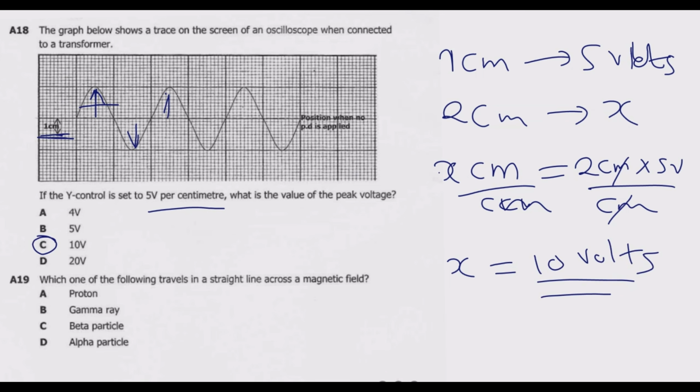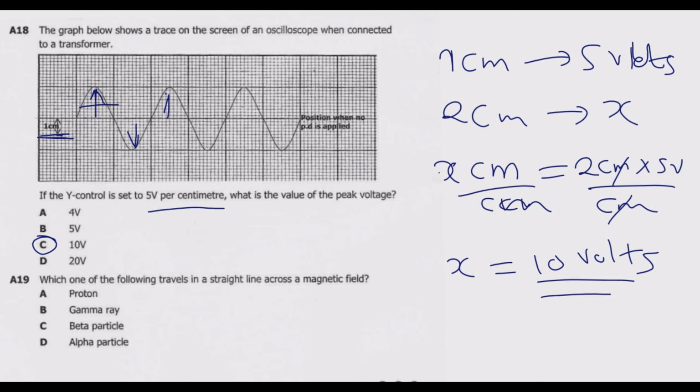Which one of the following travels in a straight line across a magnetic field? So across a magnetic field, what is not affected? Remember, the proton is a positive charge and will be deflected. Then also beta particles will. Also alpha particles will. Alpha particles are heavy, and they will be deflected slightly in one direction.